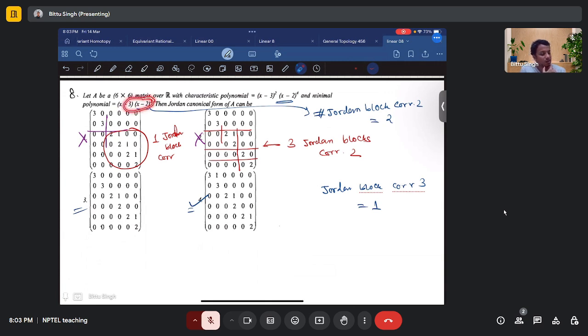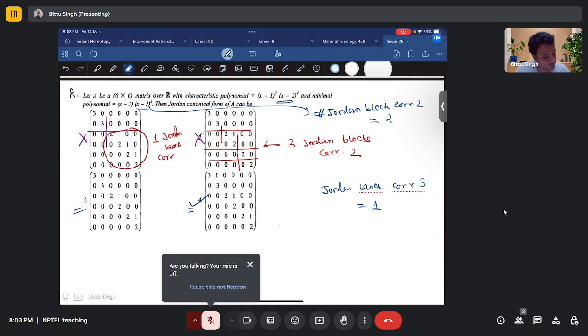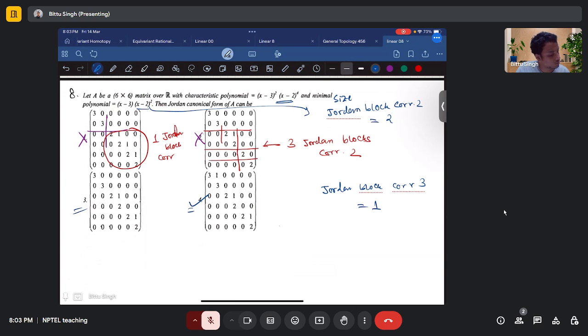Those factors actually give the size of the largest Jordan block.